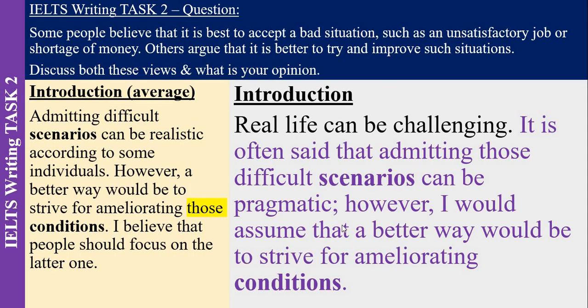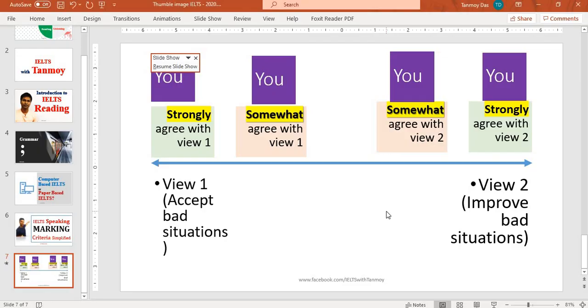Please read this introduction and tell me which option did I choose. Somewhat agree with view 1, somewhat agree with view 2, strongly agree with view 2 or strongly agree with view 1. Which one did I choose?